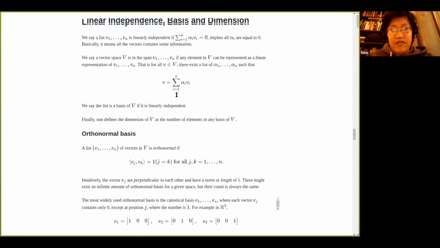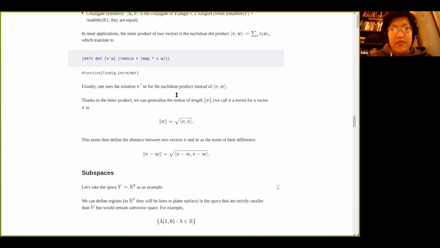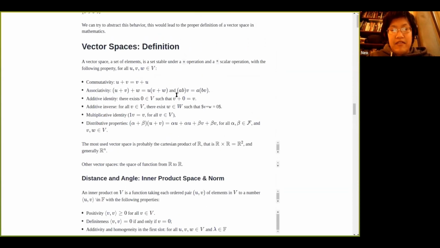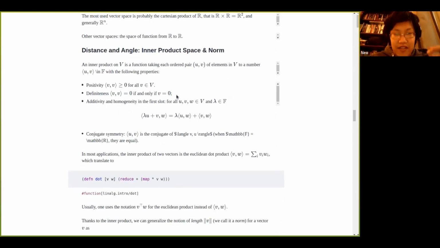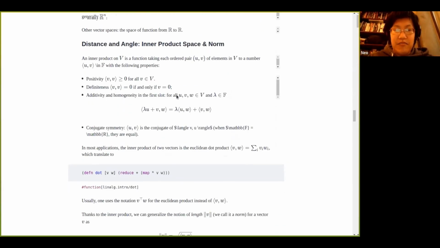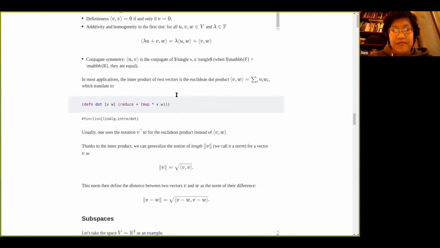So I'd like to summarize here, I think it's important. Here are all the concepts you need to understand vector spaces. You take a set of elements, you put 2 operations on them, the plus and the multiplication. They respect some properties, which are intuitive if you're used to real numbers. You generalize the notion of angle and distance through the inner product and the norm.